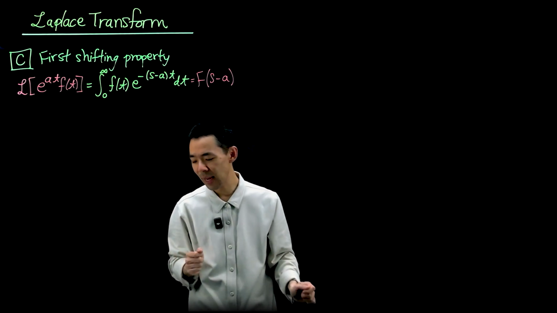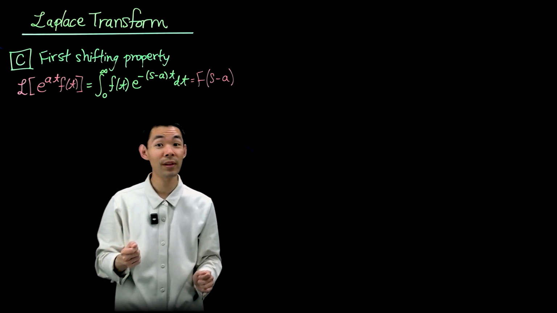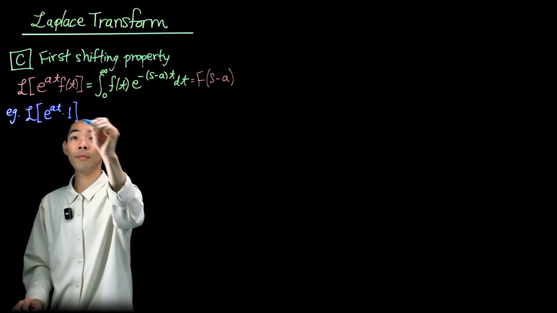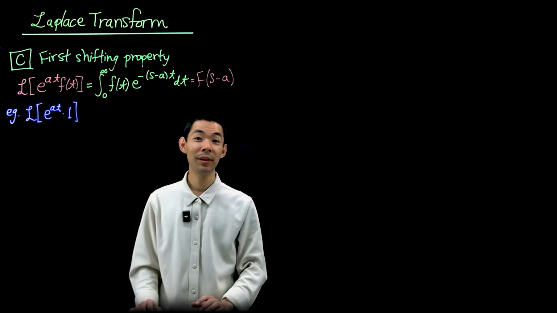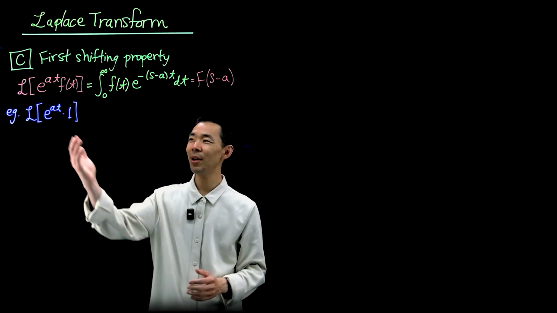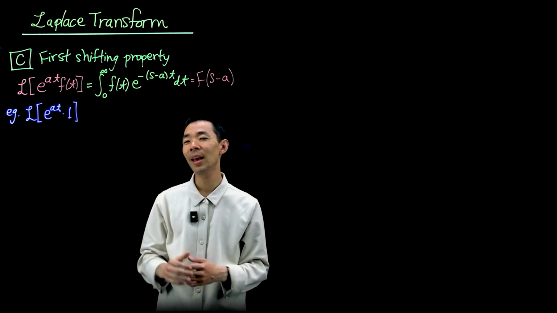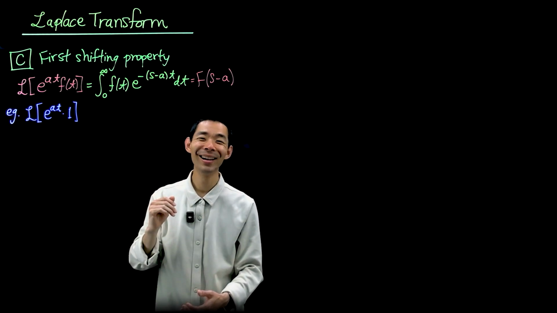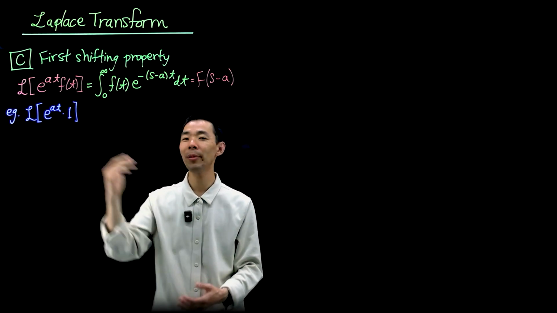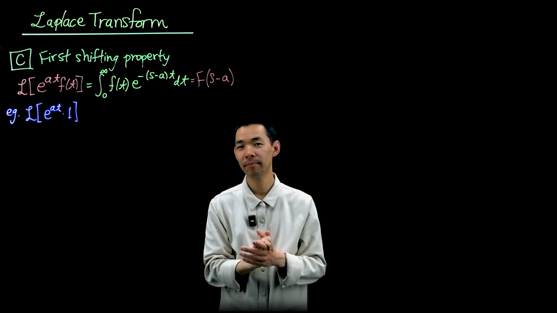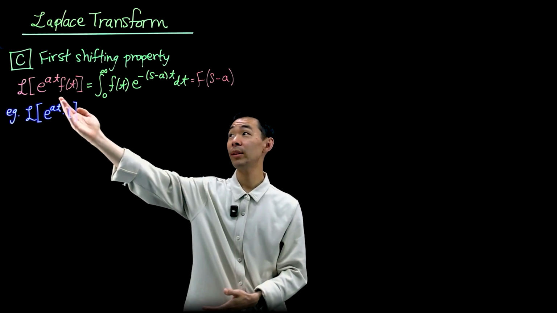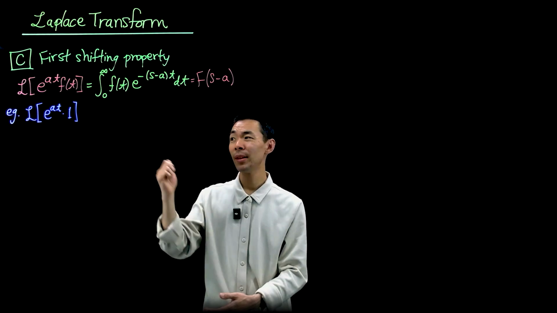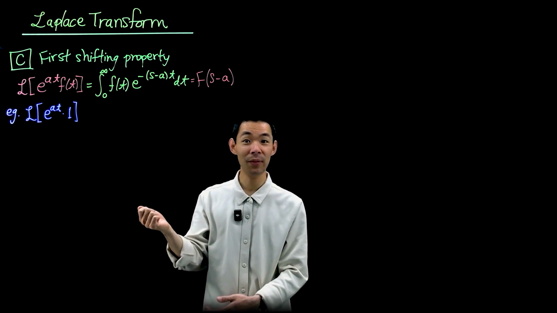Let's do a brief example so you can see how this shifting property works. Suppose we wanted to evaluate the Laplace transform of e to the at. I've written times 1 there, but you can just omit that. It's just the Laplace transform of e to the at. And now with the first shifting property, this is extremely easy to evaluate.